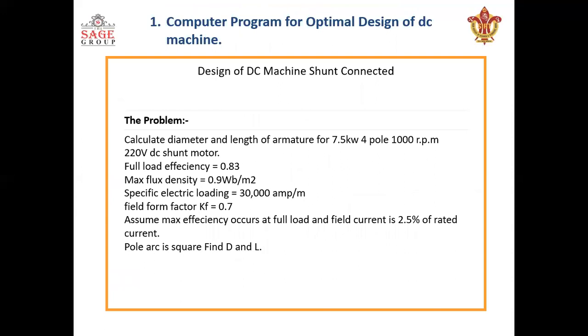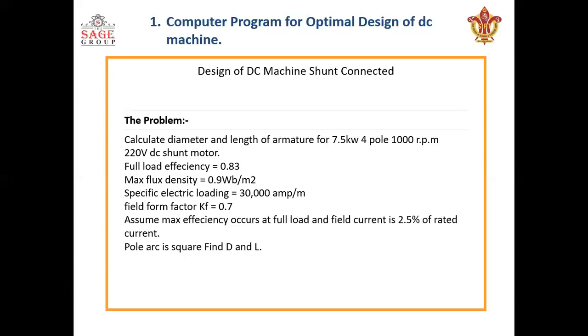For a computer program for optimal design of DC machine, it is required to first of all calculate the diameter of the armature and length of the armature, that is the main dimensions of the DC machine, from the given numerical specifications.